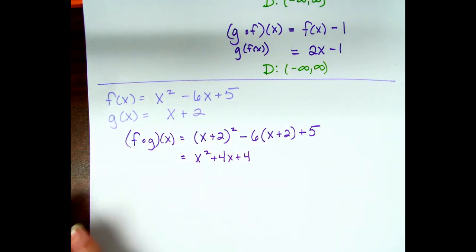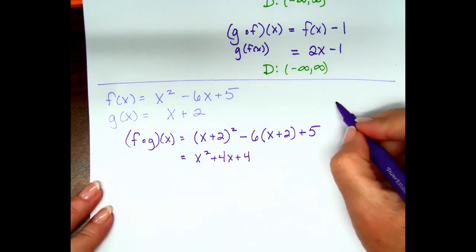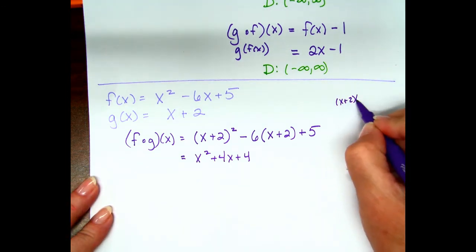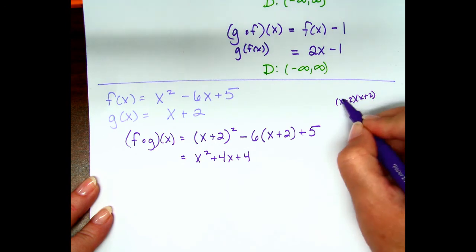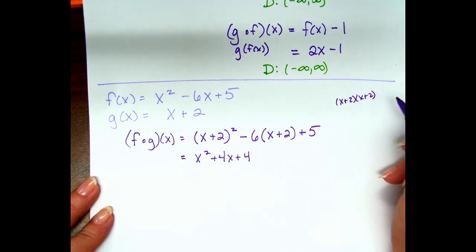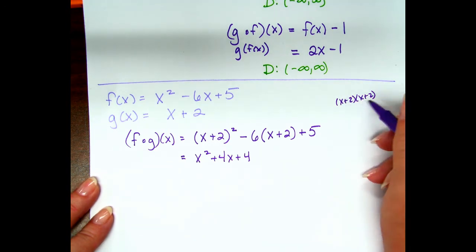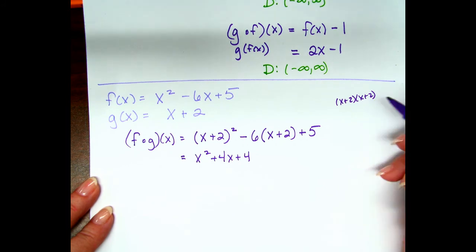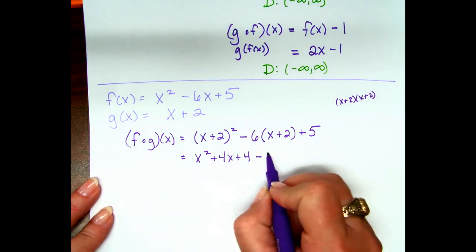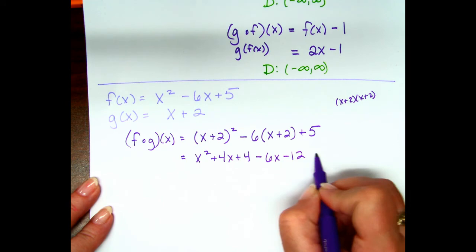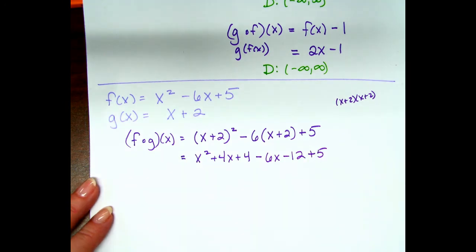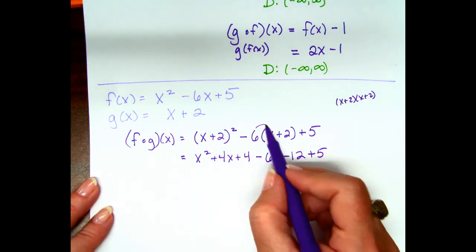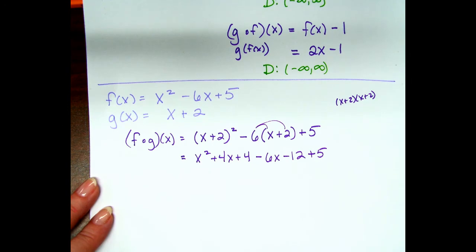Would you have gotten that right, or would you have written x squared plus 4? Good, because you did x plus 2 times x plus 2 and distributed. Minus 6x minus 12 plus 5, distributing here and here.